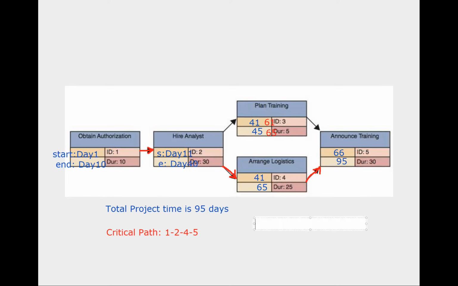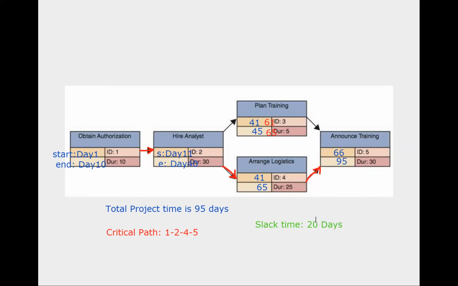So the slack time or slack interval is 20 days, right? For this task. So that means task number 3, if we want, we can delay 20 days.